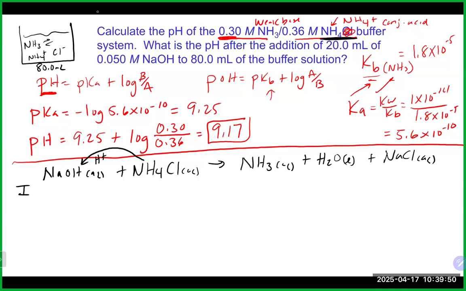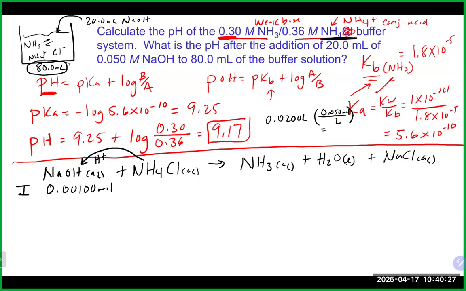We're going to add 20 milliliters of our sodium hydroxide. So to get our moles of sodium hydroxide, we're going to go 0.02 liters times the molarity, which is 0.05 moles per liter. That's 0.02 times 0.05, which gives us 0.001 moles for our sodium hydroxide.